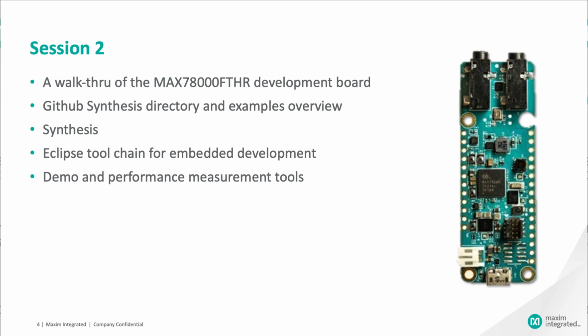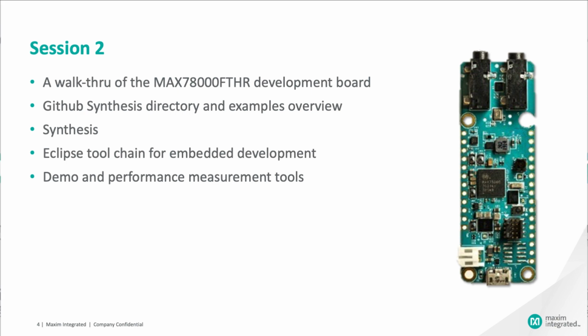After we go through the development board, we will go through the synthesis directory that's in GitHub and talk about some of the examples there, a continuation really of the machine learning examples we talked about yesterday. And then we'll spend a lot of time on the synthesis step, taking those trained models and converting them to something that will run on silicon, run on the MAX78000.